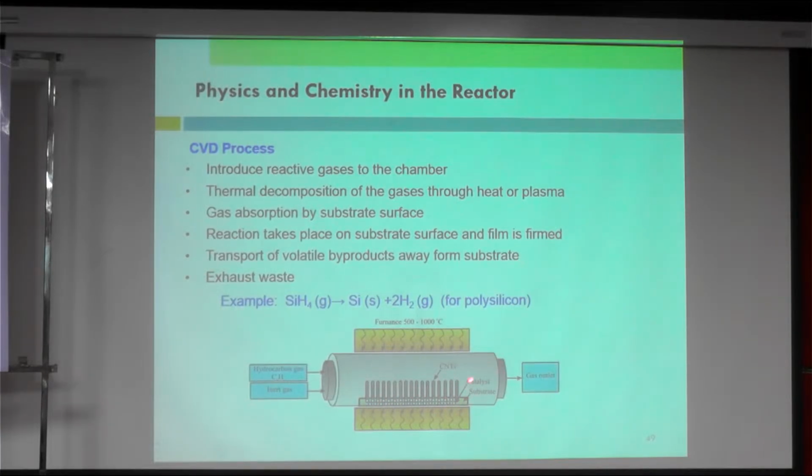Then with a certain catalyst, basically it depends on the growing process and what type of material, the reaction takes place on the substrate surface and a thin film is formed. And transport of volatile byproducts away from the substrate. This is the outlet gas. So basically, you can grow CNT, carbon nanotubes, or even the materials I mentioned before. And you can also grow silicon on the substrate as well, polysilicon.